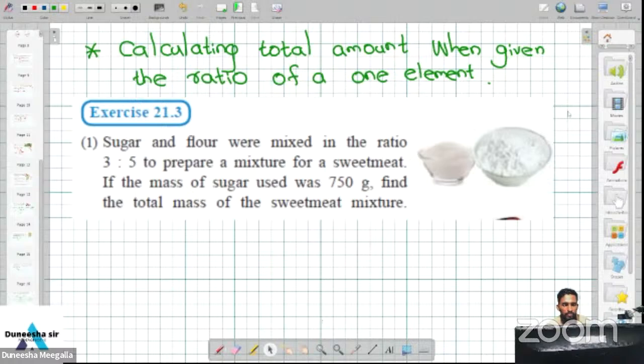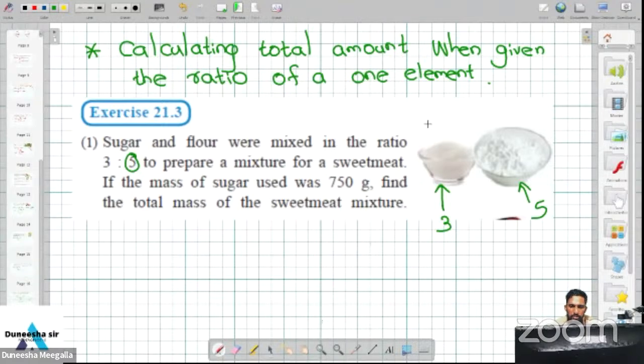Okay, how we find? Then what is the flour ratio is? Flour wala ratio එක කීයද? What is the number of ratio? 5. Is 5. Then sugar is 3. Then if the mass of the sugar was used, how much?